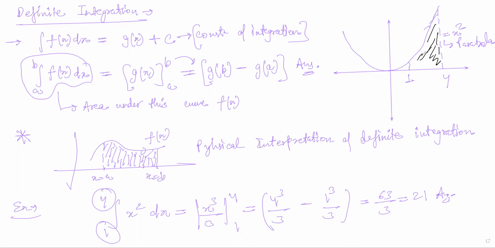In the next chapter, we will be doing exactly this, finding the area below the curve x square from 1 to 4.